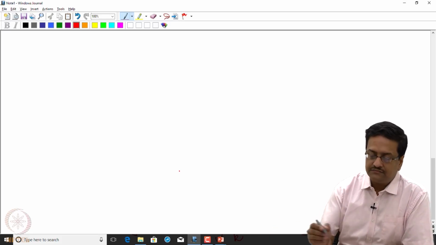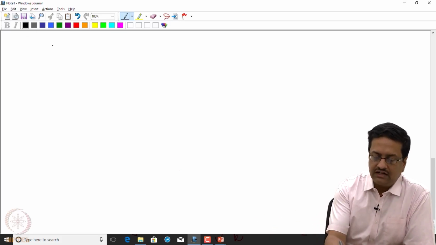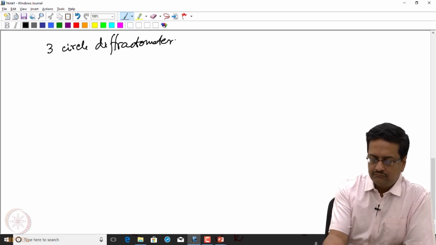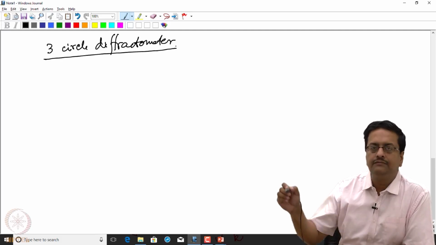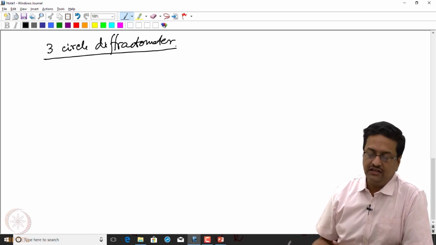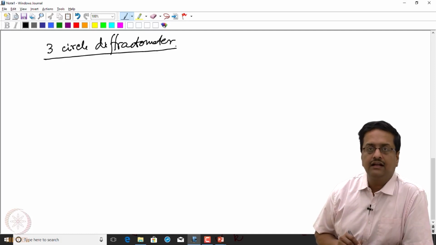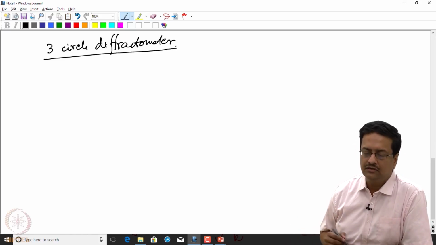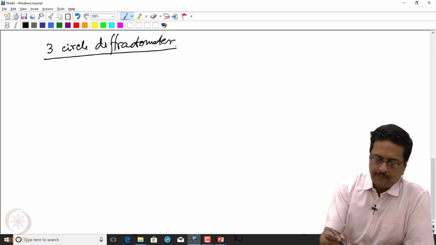So in case of a 3-circle diffractometer, the following table that I am going to write is generally used for a data collection limiting to either hemisphere or quadrant or a full sphere data.